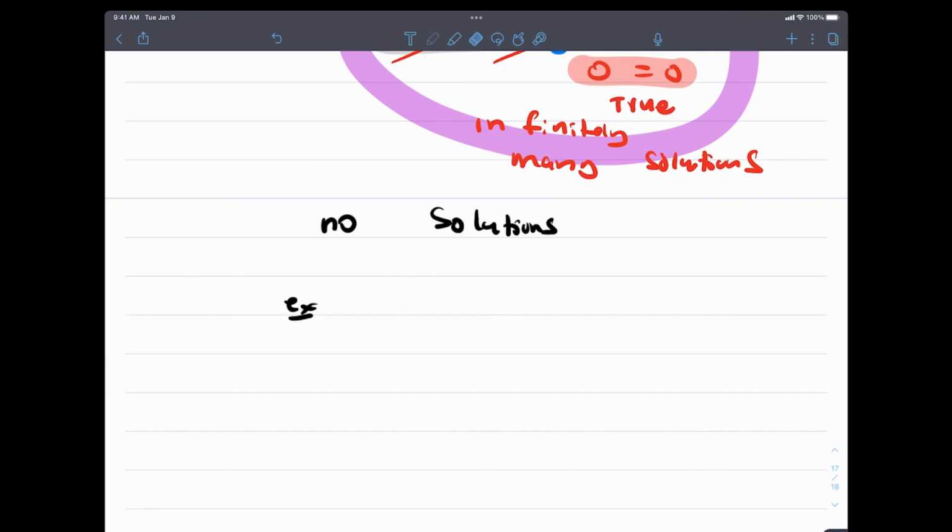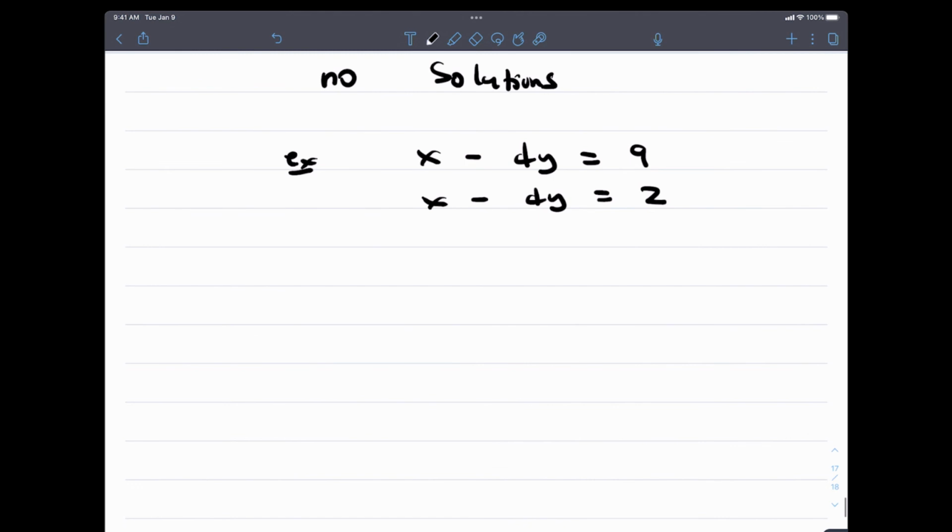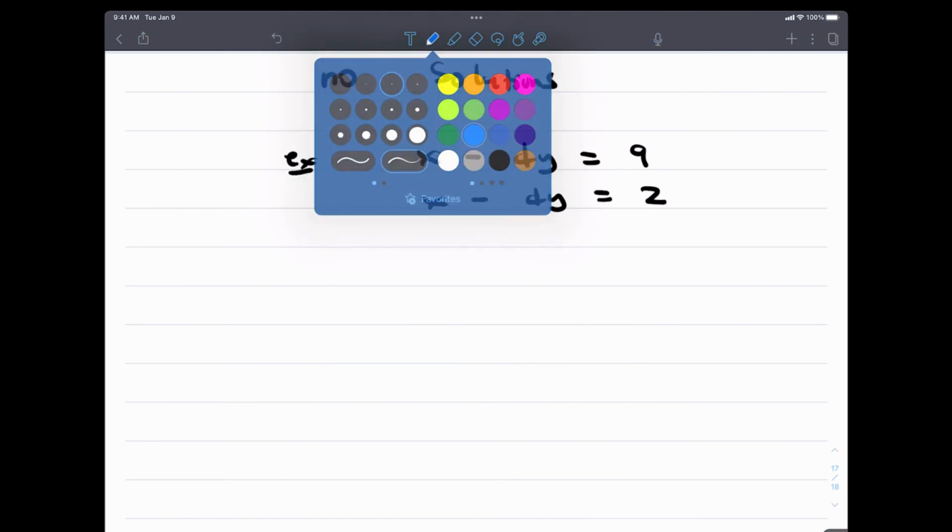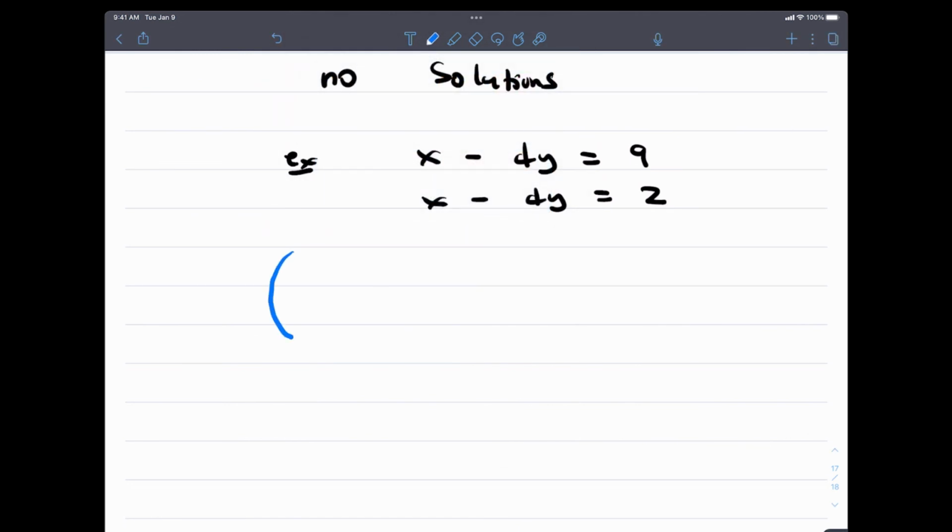So if you have, for example, something like this: x minus 4y is 9, and x minus 4y is 2. When you create the matrix, that's 1, negative 4, 9, and 1, negative 4, and 2.